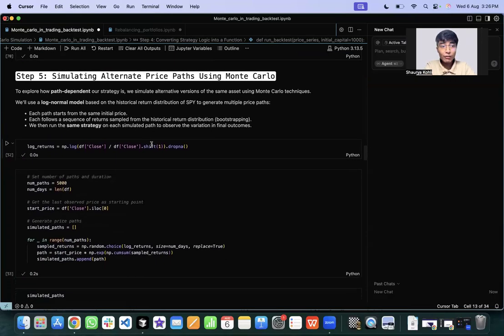And in step 5, we try to simulate alternative pricing paths using Monte Carlo. This is something that we are going to discuss, which is the important part. What we'll actually explore is how path dependent our strategy is, like how much reliability we can have on the Monte Carlo, because there are times in the financial world where the path or the charts cannot be predicted.